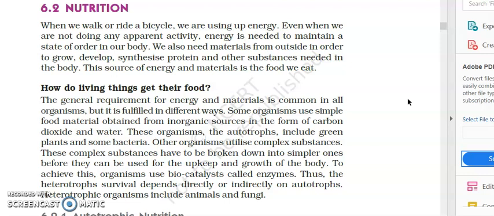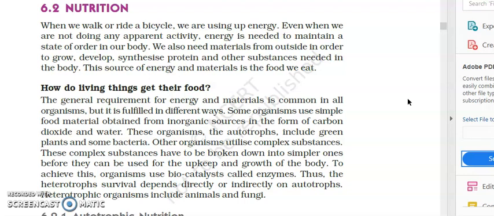So, we already are familiar with the term nutrition. Nutrition is the kind of life process which helps us to obtain food for energy and for synthesis of protein and other substances, either from the surrounding environment or by generation of this carbon-rich source.